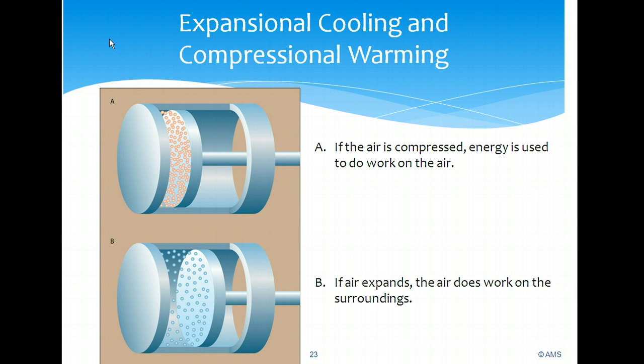One of the ways in which you may be familiar with expansional cooling is if you've ever opened the valve of a bicycle tire or automobile tire and put your hand over the valve as it's releasing air.